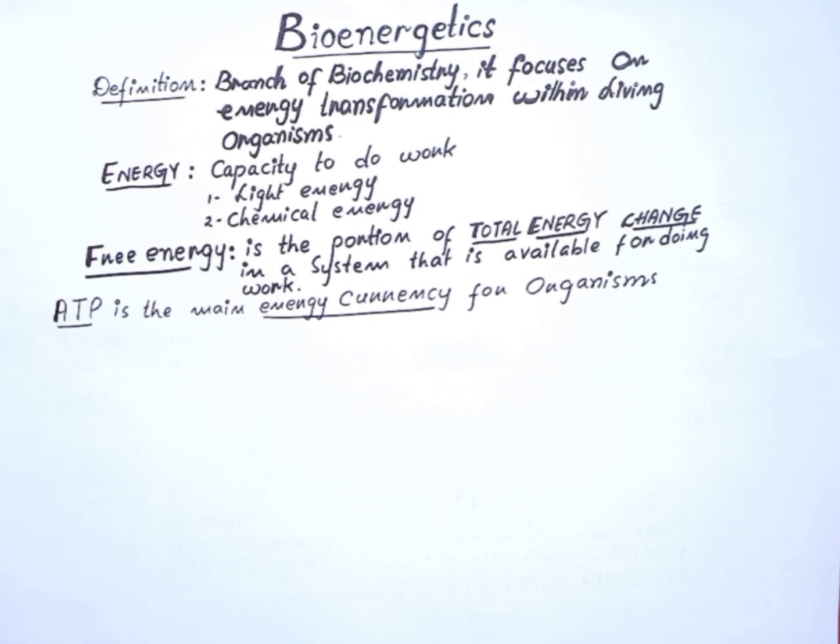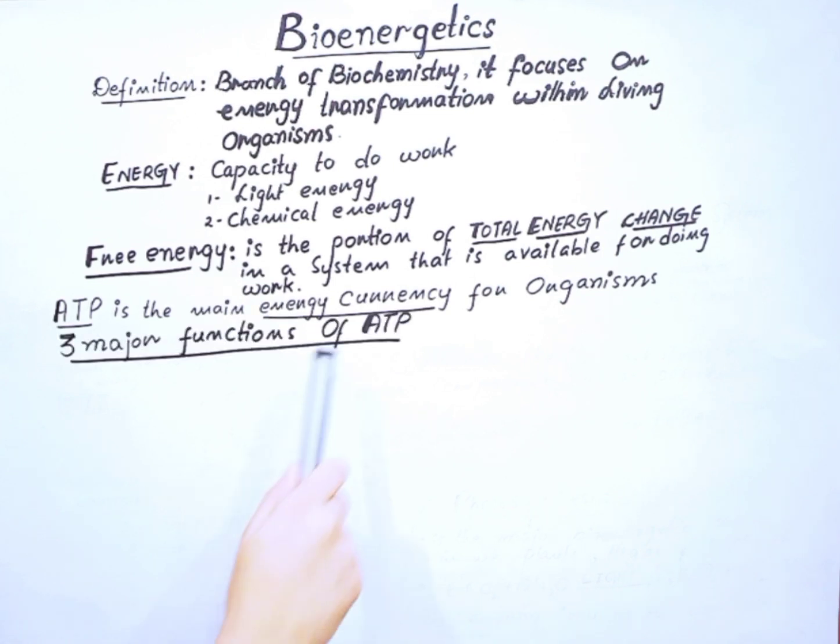There are three major functions of ATP, adenosine triphosphate. ATP is a multifunctional nucleotide used in cells as a coenzyme. It also allows the cell to store energy and transport it within the system, within the cells or tissues.